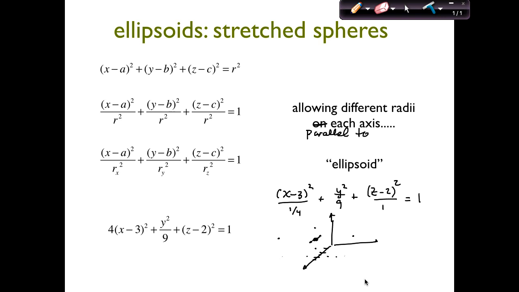So those are like the key points, the poles, right? The north pole, the south pole, the front pole, the back pole, the left and the right pole of that thing. So now I'm going to try to draw it. Parallel to the YZ plane, something like this.